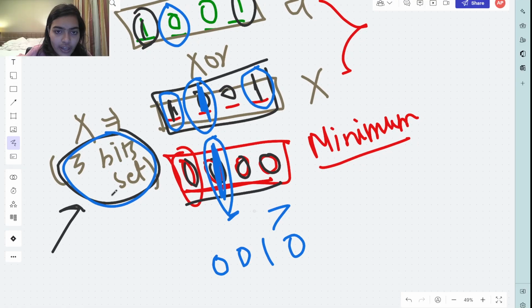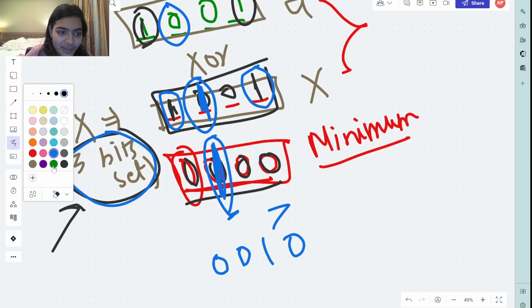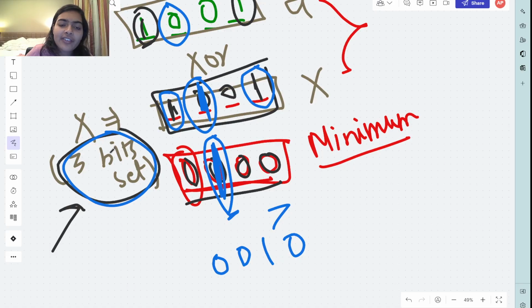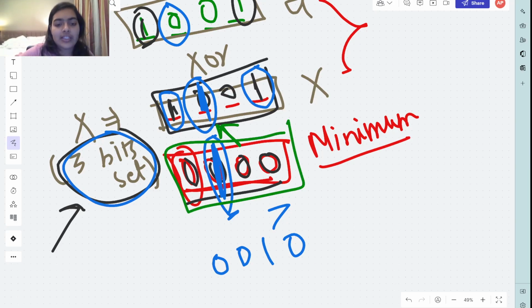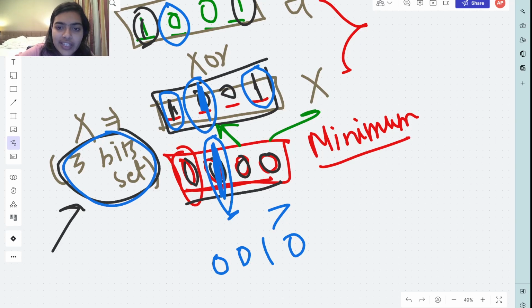Let me try to explain it properly. I had the option to set the remaining extra bit either here or here, right? If I set the remaining extra bit here, I get the output as this, which is greater. What is this output? This is 2 power 0, 2 power 1, 2 power 2. This output is 4.